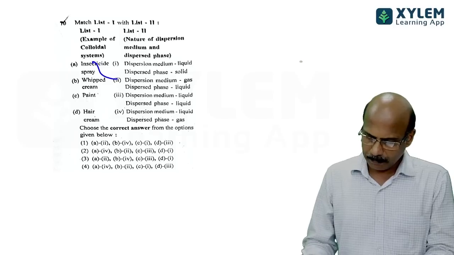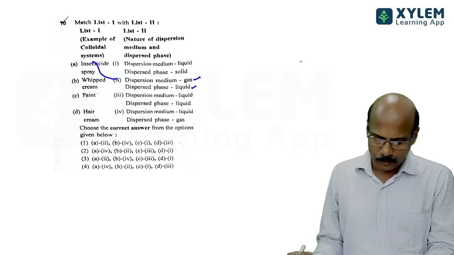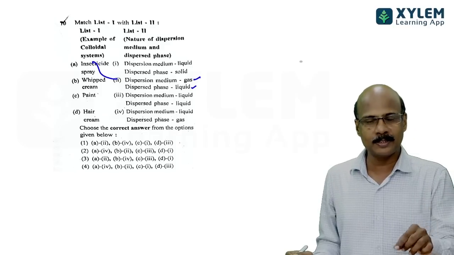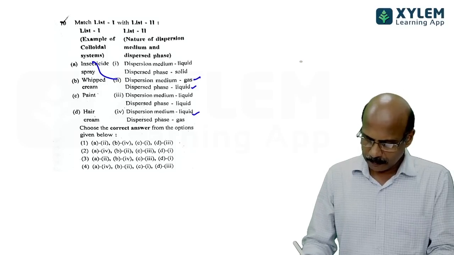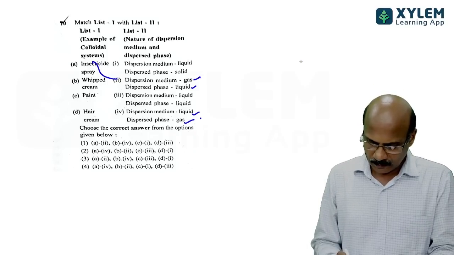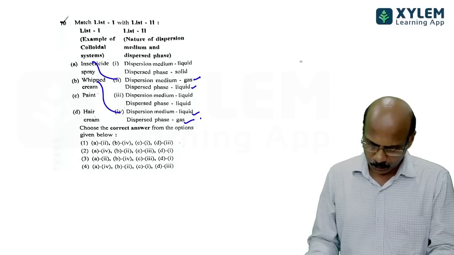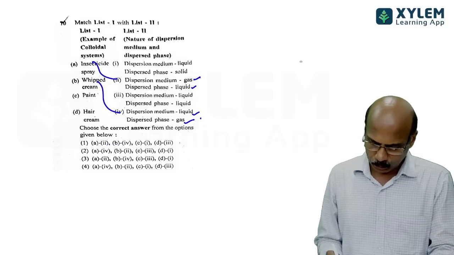So I can take A2. And again, whipped cream. In whipped cream, gas is dispersed in liquid. So the medium is liquid, dispersed phase is gas. So we can say B4. A2, B4.